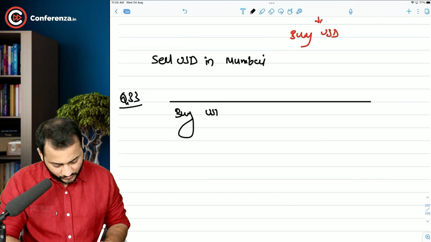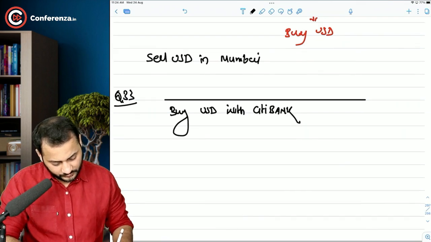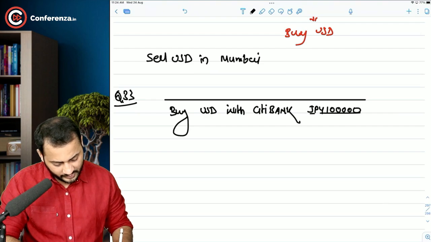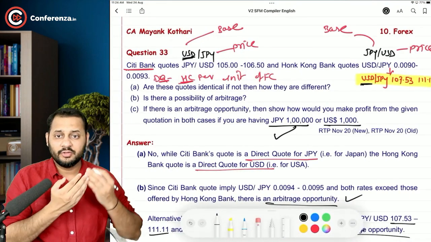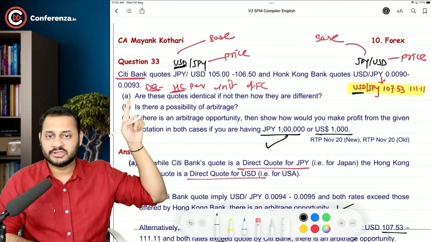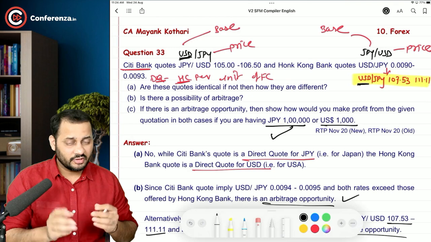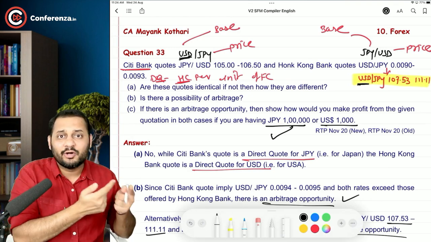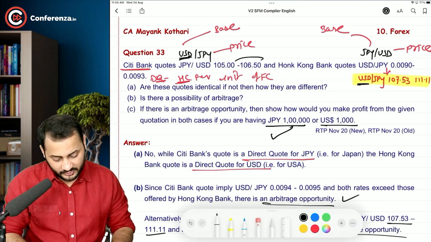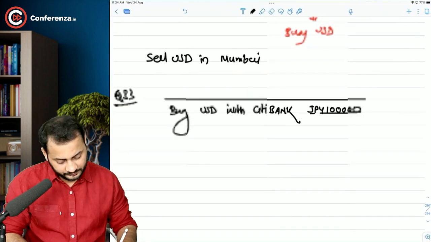Buy USD with Citibank. So you have Japanese yen 1 lakh divided by, because the values by the Citibank also consist of the Japanese yen itself. We want to buy dollar, the base currency is dollar. We want to buy dollar, the bank wants to sell the dollar, so the rate available will be 106.50.